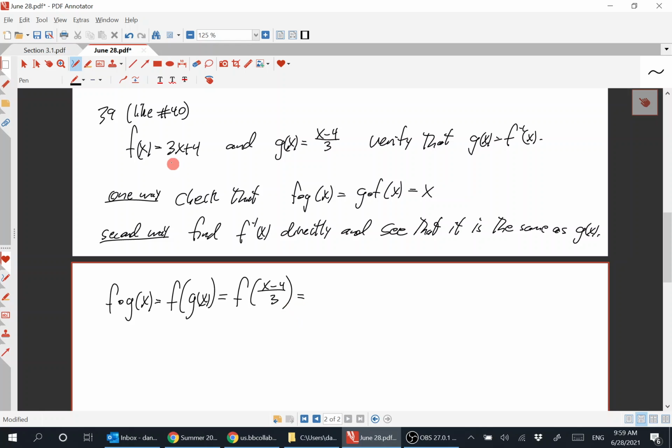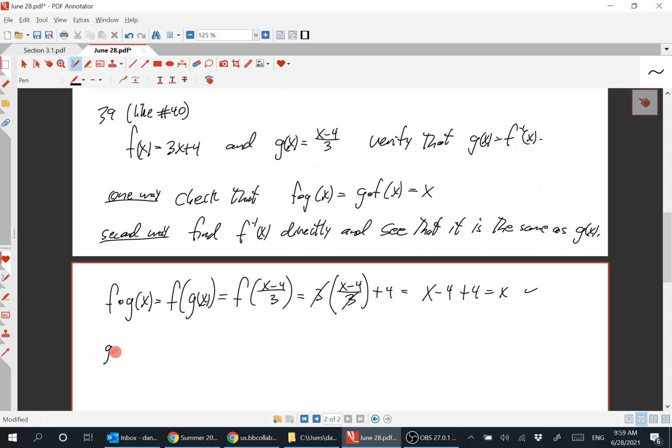And then f is 3x plus 4. So this is 3, and then instead of x, we've got this expression here, x minus 4 over 3, plus 4. So simplifying the expression, the 3's cancel, and you have x minus 4 plus 4, which is just x.